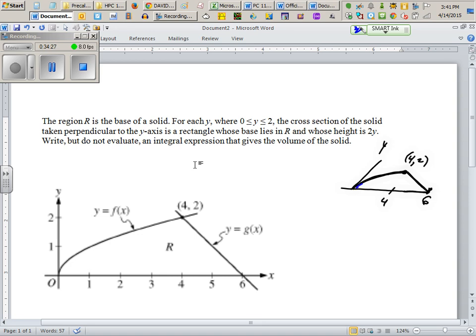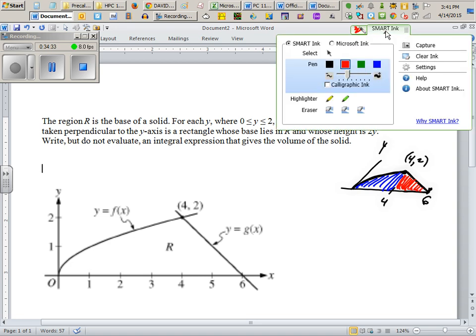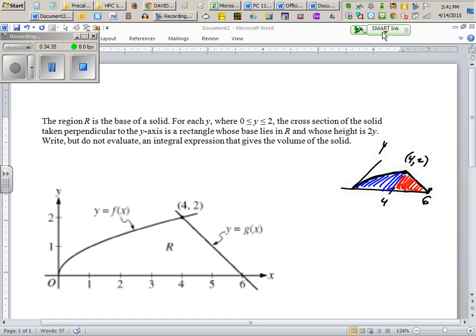A minute ago I had this shaded blue, and I had this shaded red. So what we're doing is we're talking about rectangles that stand up like this. They stand upright, and they stack together to form this interesting solid. Okay? So your rectangles actually look like this.